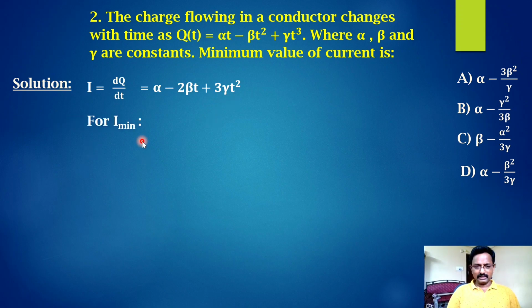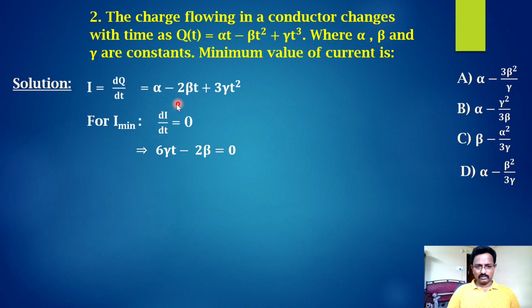For minimum current, dI by dt should be 0. That means to get the minimum value of current, the derivative of I with respect to time should be equal to 0. So now we will differentiate the above equation with respect to time.